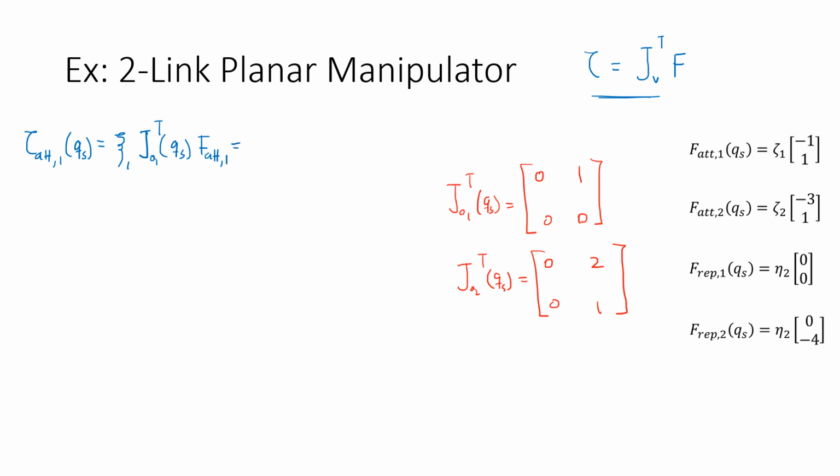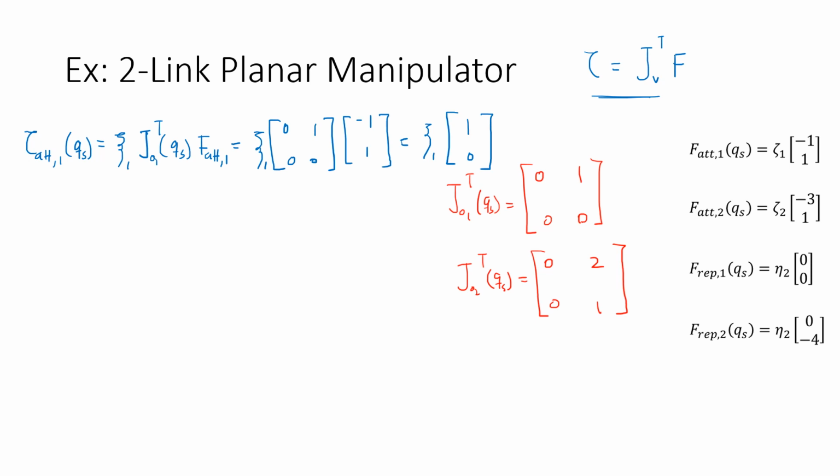So that is going to be equal to zeta 1, whatever is selected by the user or by the programmer, times this already computed 0, 1, 0, 0, and then you have F attractive 1 already computed, which is equal to minus 1 and 1. When you do that, this is going to be equal to zeta 1 times first row first column is going to be 1, and then you have 0 for the other. So this is your attractive torque acting in the starting configuration on O1.